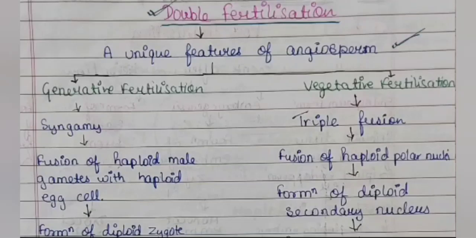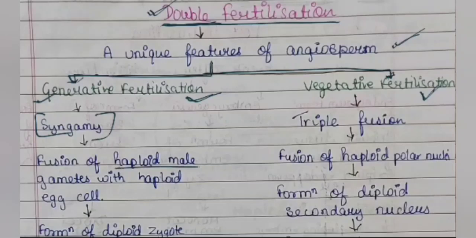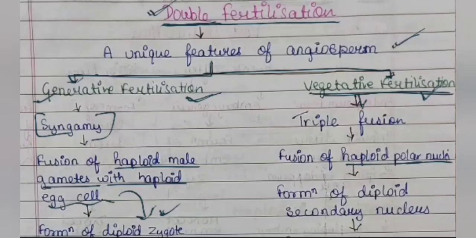As the name of the topic suggests, double fertilization. In angiosperms, two kinds of fertilization take place, the generative and the vegetative. In generative fertilization, basically syngamy, the fusion of a haploid male gamete with the haploid egg takes place, which forms the zygote and further develops into an embryo, while the other, vegetative, is a triple fusion.